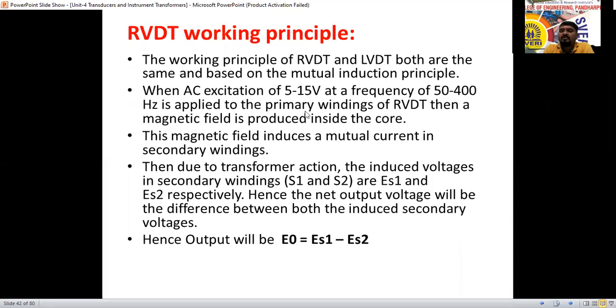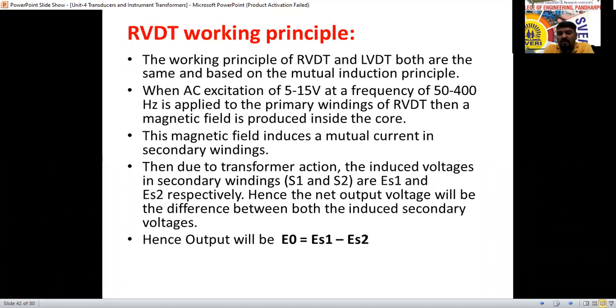Hence, the net output voltage will be the difference between the two induced secondary voltages, that is, output voltage E0 equal to ES1 minus ES2.